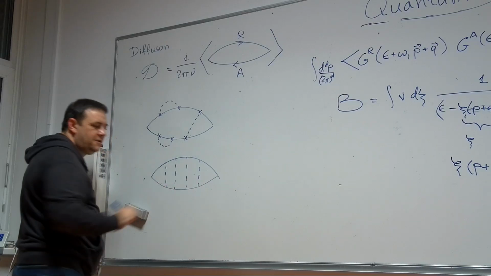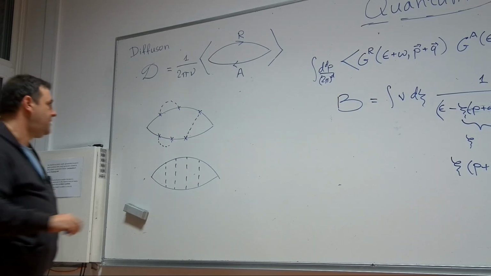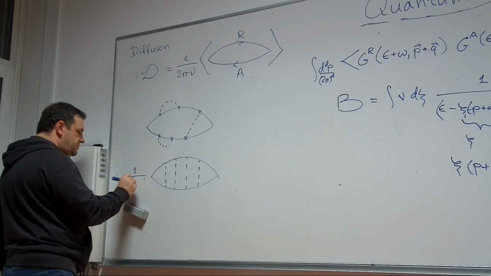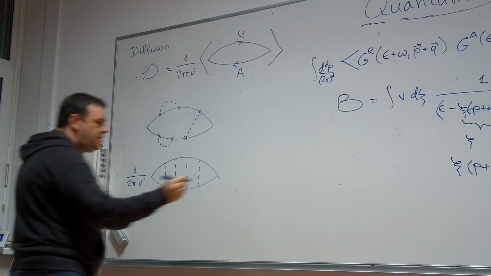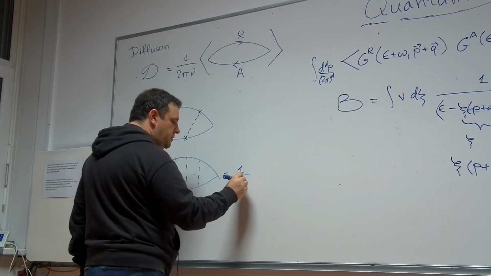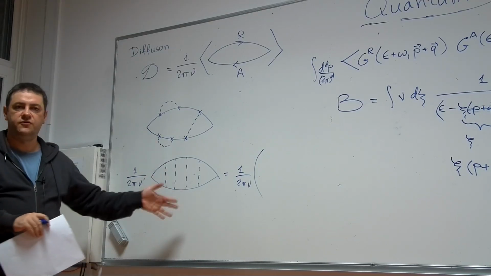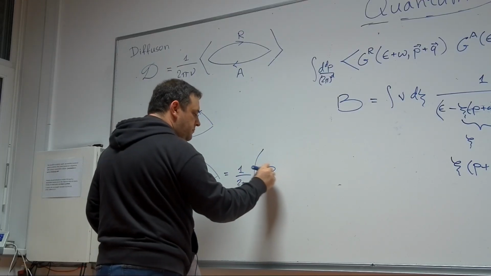We should add this series. So let's do it, and this will be the last thing for today. I restore 1 over 2 pi nu, and I write 1 over 2 pi nu. There is first term when I have 0 vertical lines, and this is called B, right?